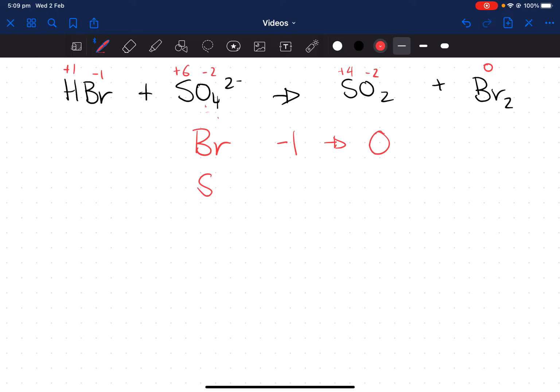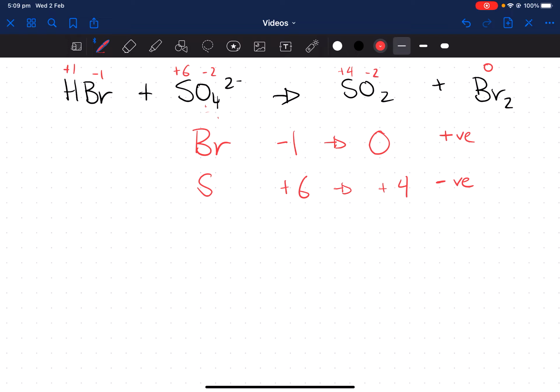So that means the other thing that's changed is the sulfur, which is +6 on one side to +4. So what this means, this number here, the bromine has become more positive and the sulfur has become more negative. If something is becoming more positive, that means it's going to be losing a negative charge.